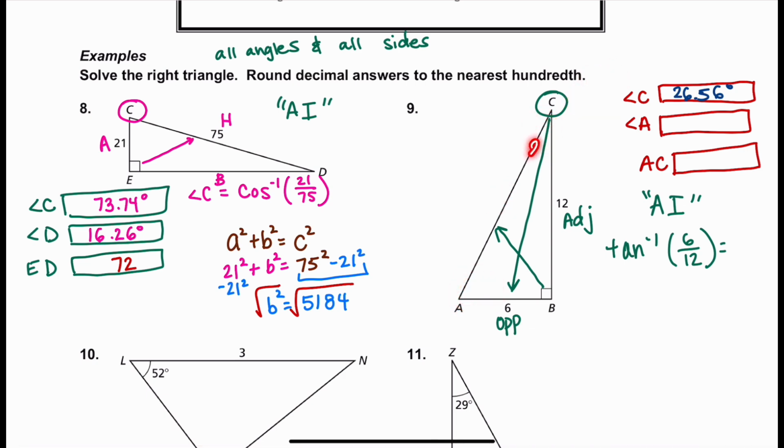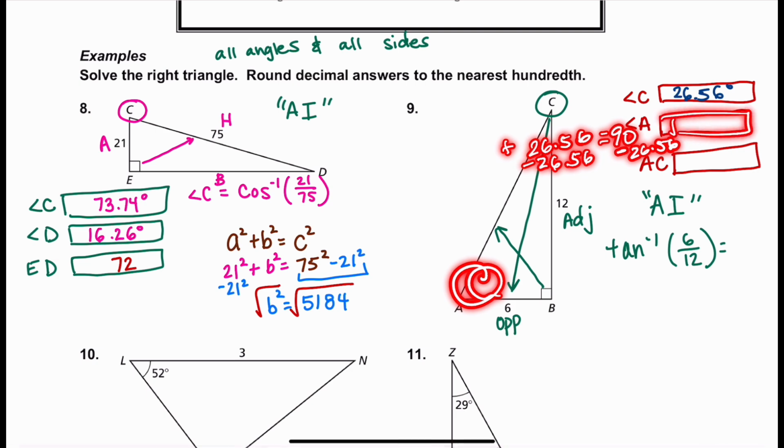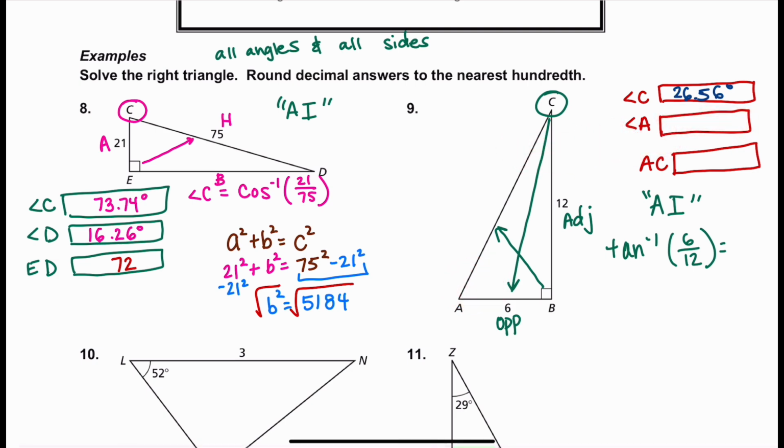So if this angle is 26.56 and it adds with this one to equal 90, if I take 90 minus 26.56, that will tell me what angle A is. They have to add up to 90 degrees. So I'm going to take 90 minus my 26.56, and that gives me 63.44 degrees.